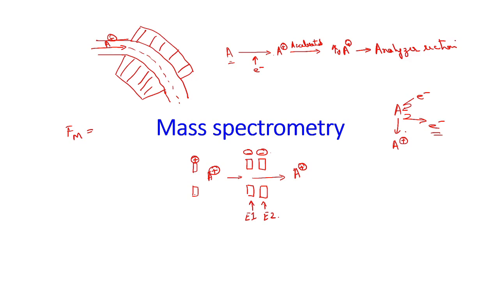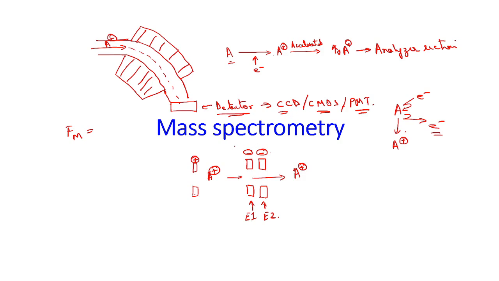Now at the end of this section you will be having the detector. And this detector may be either charge coupled detectors or CMOS array detectors, or in the initial days we used to have the photomultiplier tubes, PMTs. Okay, so this is the basis of mass spectrometry.